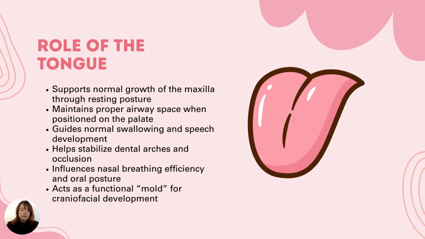Role of the tongue. This is very important. This is also why we like to discourage our patients from using any kind of non-necessary oral soothing habits, such as thumb sucking, pacifier usage, bottle usage past the age of 3, because that is when we can get things such as tongue thrusting, or the palate to be raised, or our teeth to be flared out to the side.